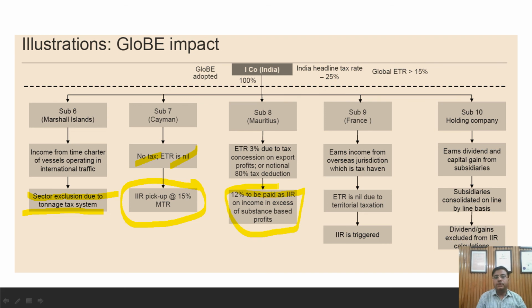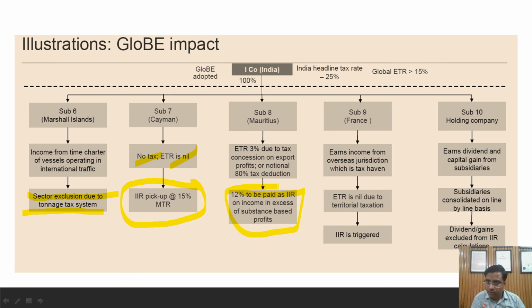So basically your tax haven country is going to be impacted by the top-up tax on the excess of substance-based profit. Since you are in Mauritius, nothing is substance, you are only operating through treaty shopping, so this minimum tax needs to be levied at that level.